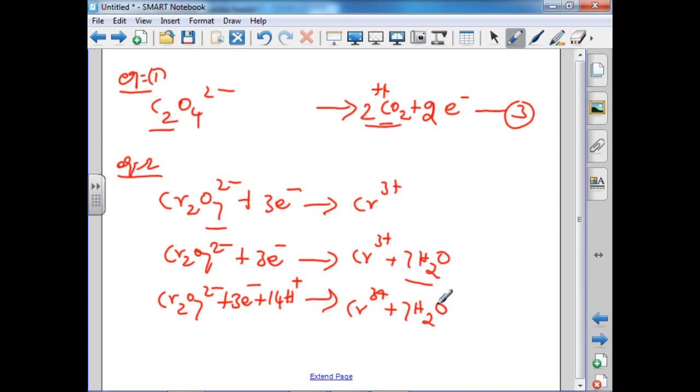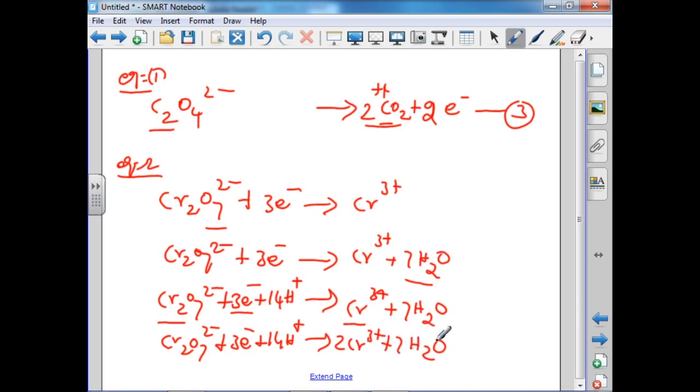Then charge. Here there are 2 chromium, but there is only 1 chromium on the product side. So multiply by 2. So Cr2O7 2 minus plus 3 electron plus 14 H plus gives 2 Cr3 plus plus 7 H2O. See, 3 electrons are for one chromium, but how many chromium are there? 2 chromium.